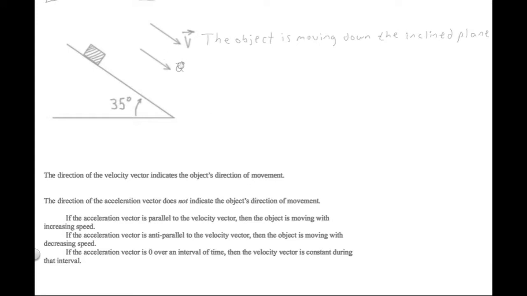So how do we interpret this acceleration? We can interpret that acceleration using this rule. Because our acceleration and velocity are parallel, they point in the same direction, and that means the object is speeding up. Because of the velocity, we know the object is moving down the inclined plane. Because the acceleration is parallel to the velocity, we know the object is speeding up, moving with increasing speed.